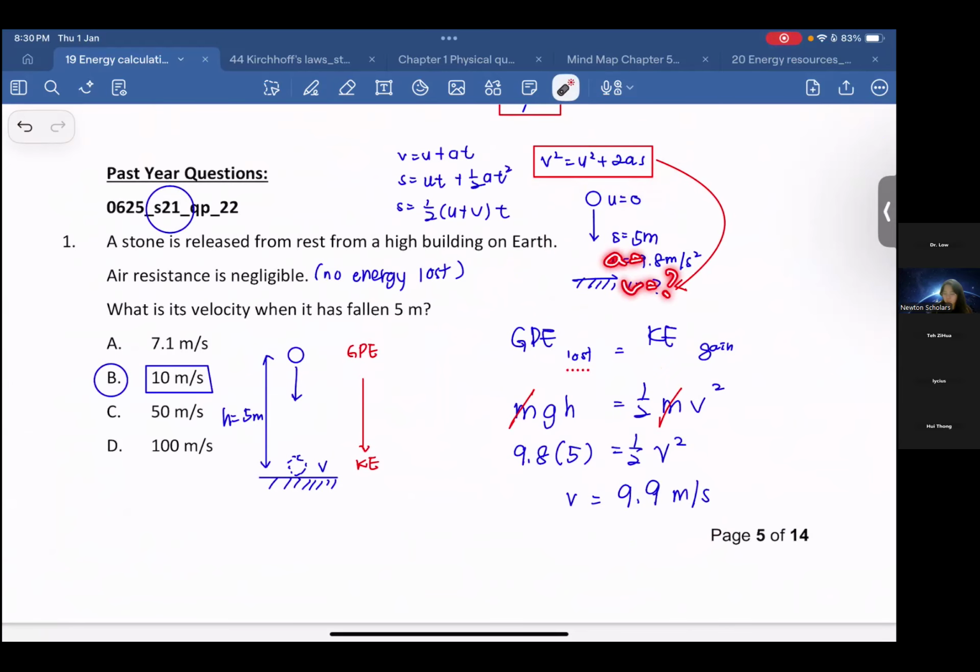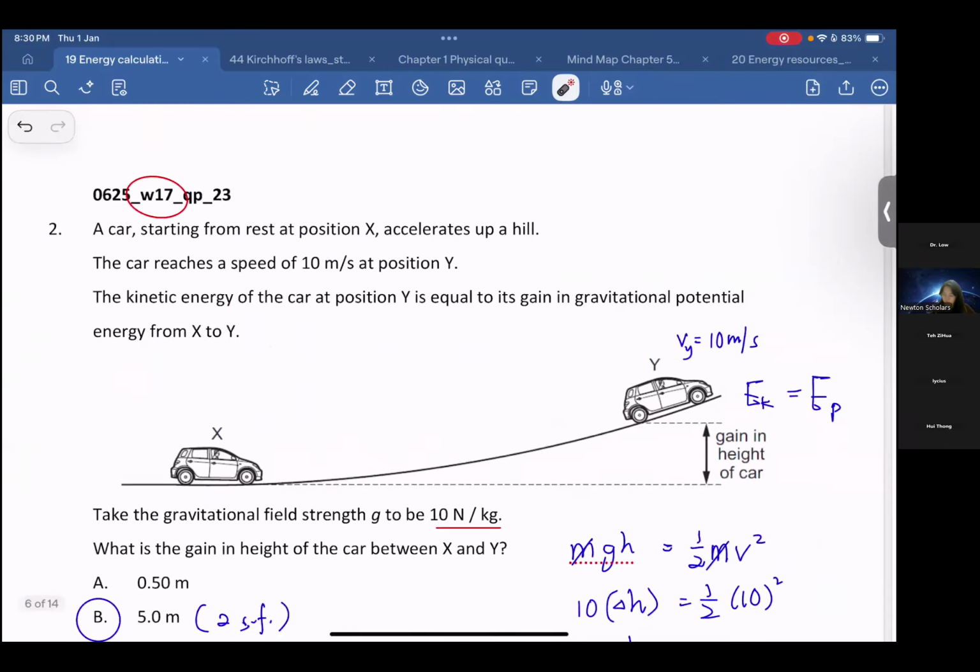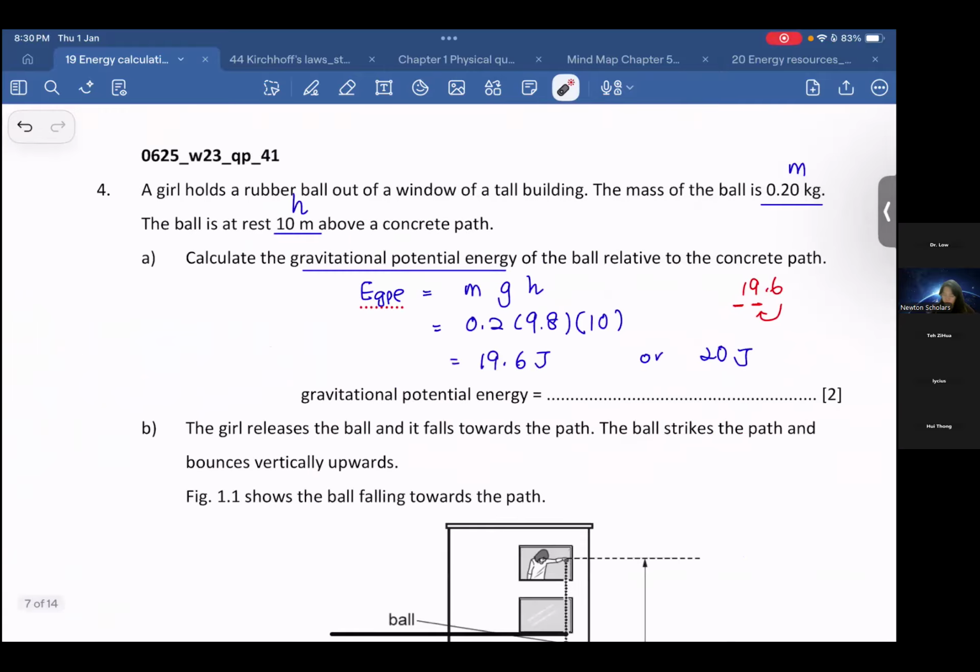Your acceleration is 9.8. Why is it positive here? Because the object is moving downward, dropping. Moving downward, gravity pulling it, it will accelerate. Acceleration is positive. So we can have two ways to solve, okay? This one is also the same.